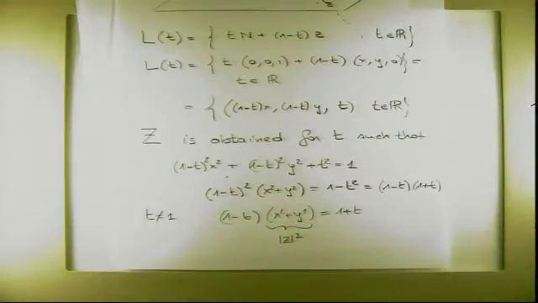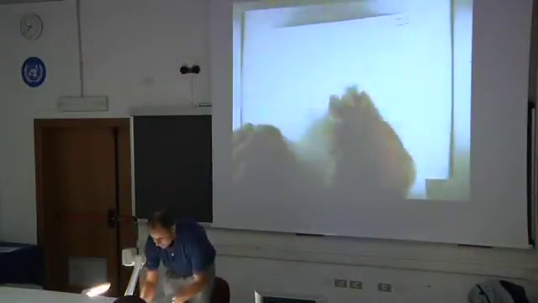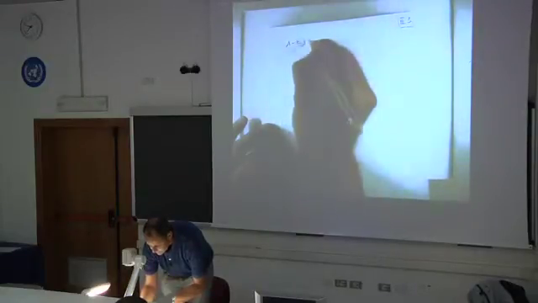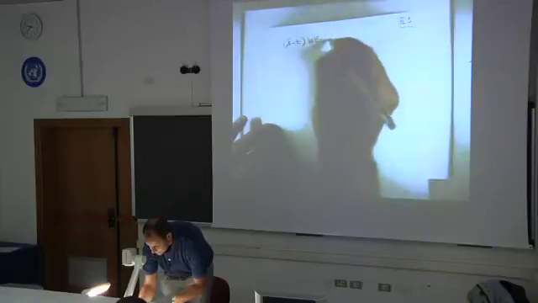Okay, so probably I need an extra piece of paper. Now, some calculations. The relation we have is the following. We have 1 minus t times modulus of z squared is 1 plus t.